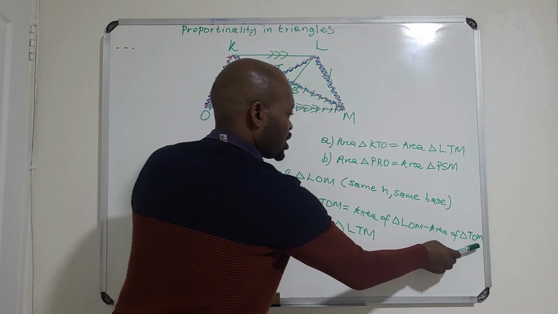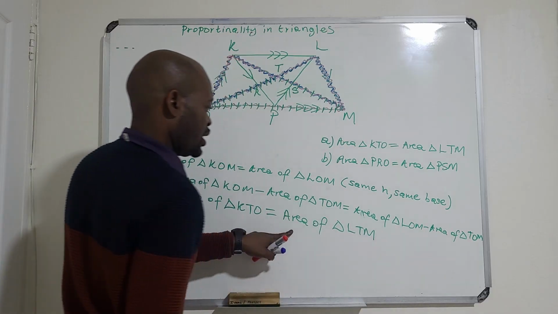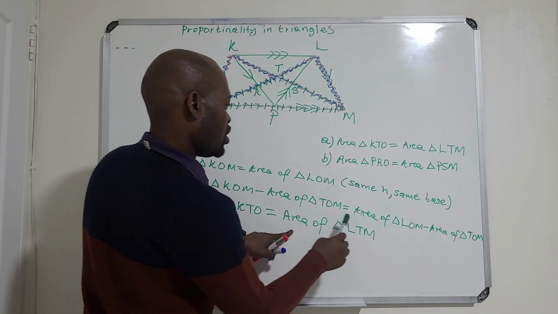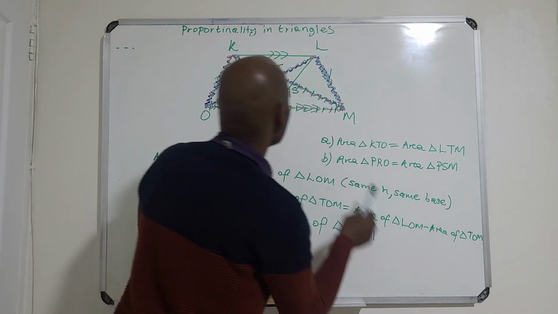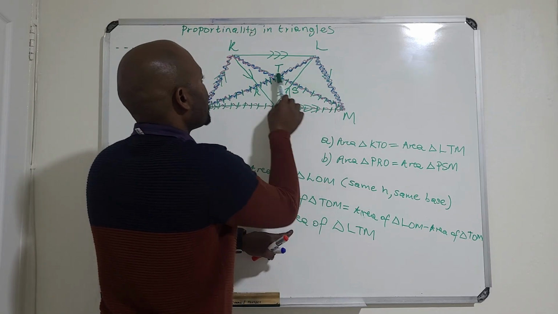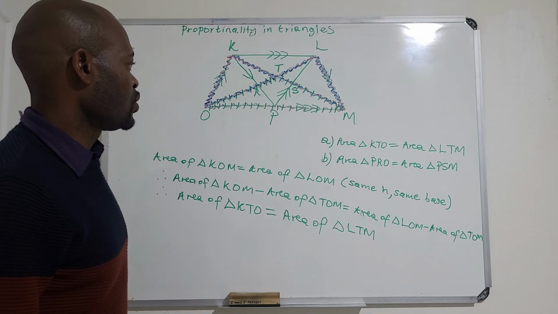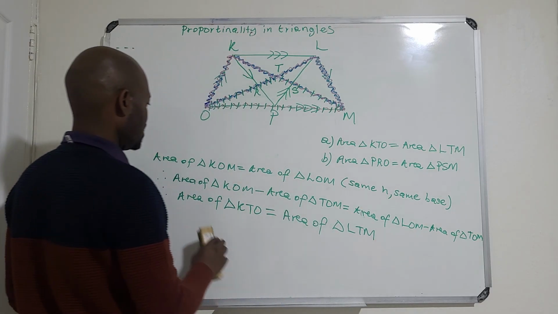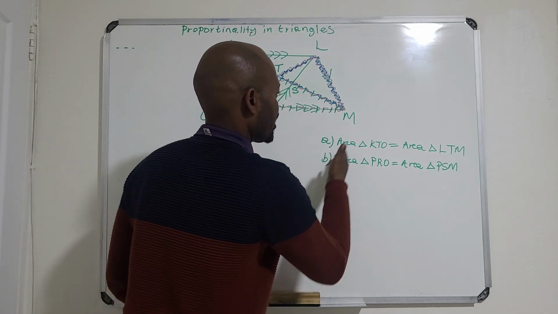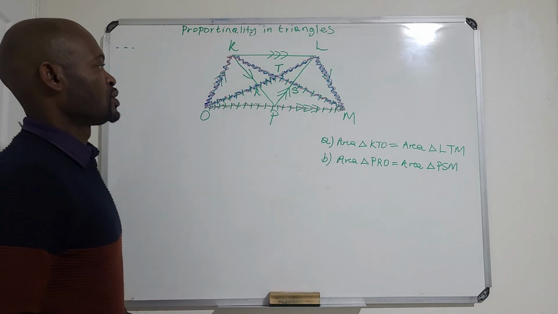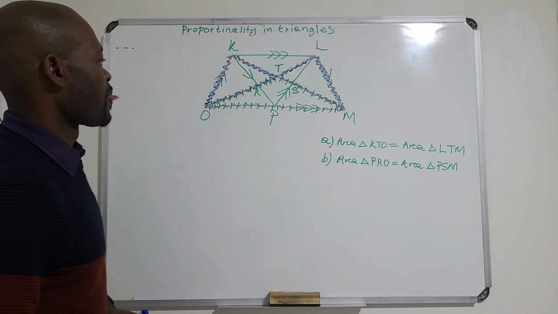I'm hoping that you can see triangle TOM there. Therefore, this minus that will give this triangle there. That is why the two triangles are equal. We have proven that triangle KTO is equal to triangle TLM.